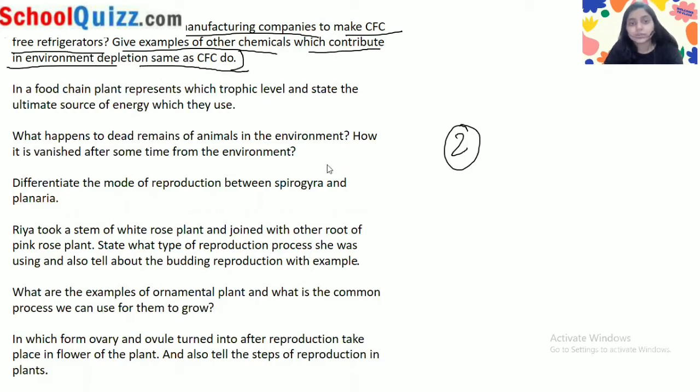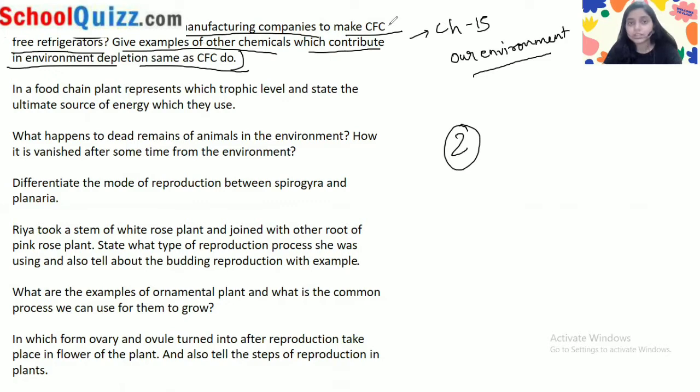As you know, this is from chapter 15, which is our environment chapter. The question is asking about CFC, and why it is mandatory for companies to make CFC free refrigerators.